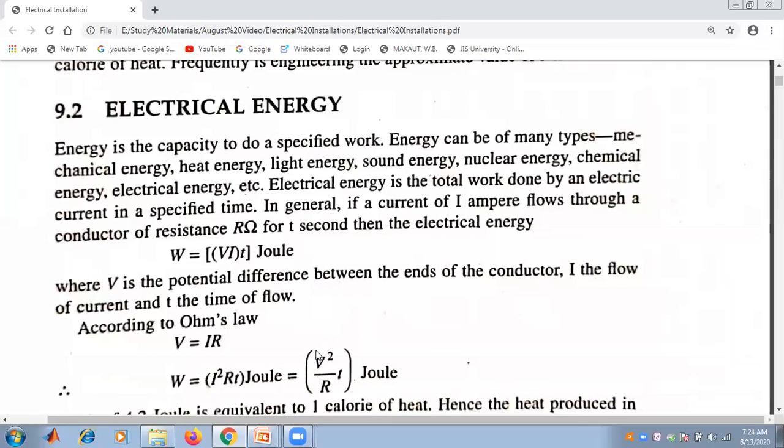This is the general mathematical expression of electrical energy.